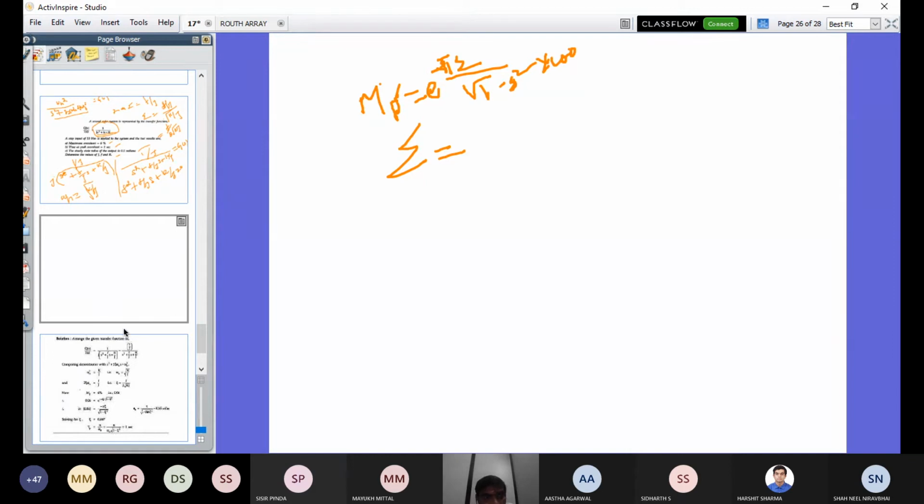I think in the previous problem we already solved the same variety. Substitute the value of mp and you can remove the exponential, so it becomes ln of this thing, and minus pi into zeta divided by root of 1 minus zeta square. From that, if you solve, you will get the value of zeta.